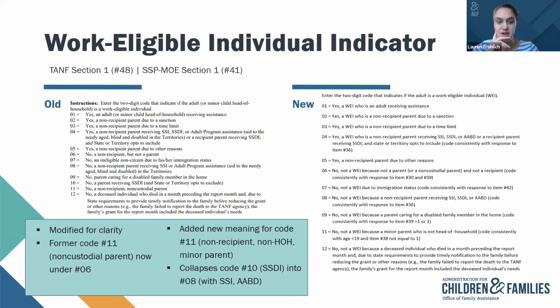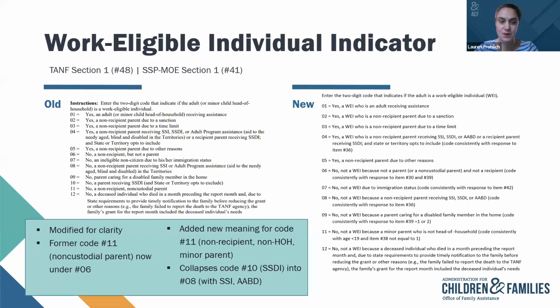But what we did was we modified for clarity former code 11, which was not a work eligible individual, a non-recipient, non-custodial parent, is now under number 6. And then we added a new meaning to the old code 11 to fill a gap in information that was not available elsewhere, which is when an individual is a non-recipient, non-head of household, minor parent.